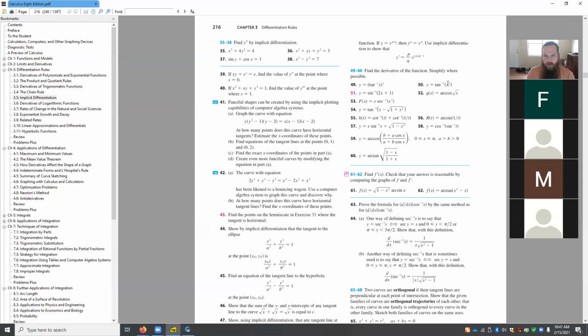You've got the odd answers in the back of the book, so maybe I'll do 50 and 52, and I'll let you think about 49 and 51 if you want to try those for challenge problems.